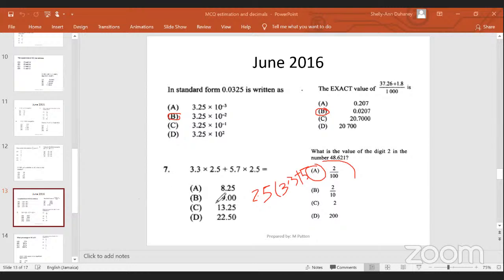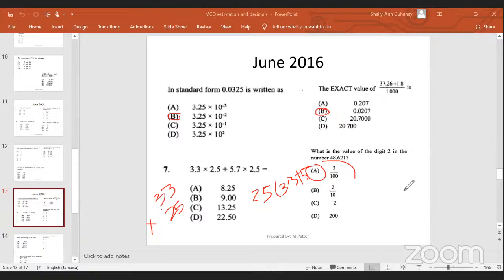So for example, you have 3.3, so that is now 33, times 25. So I add the numbers in the bracket first and I get 9.